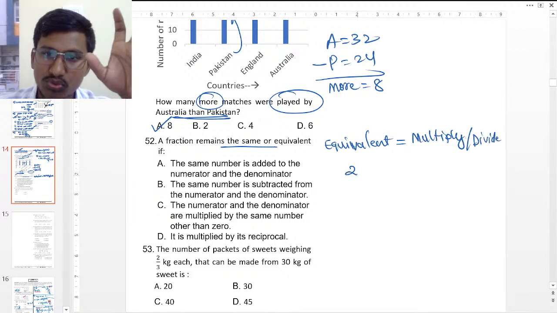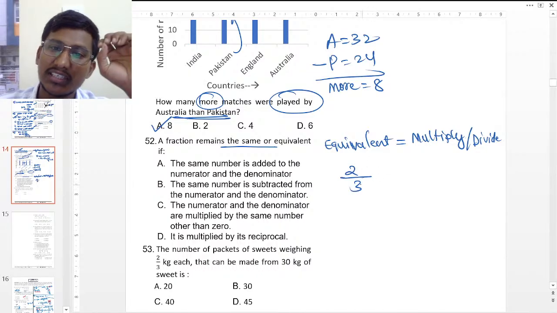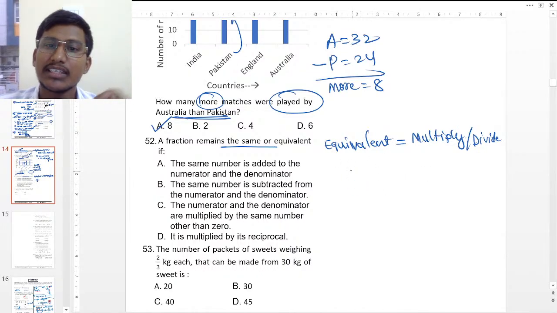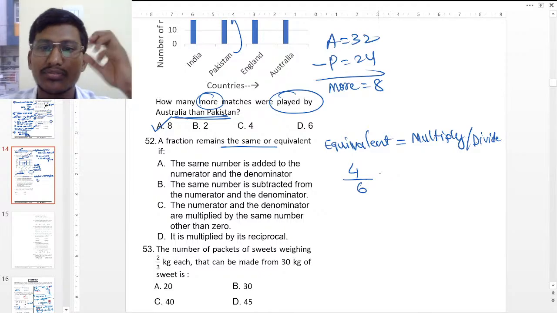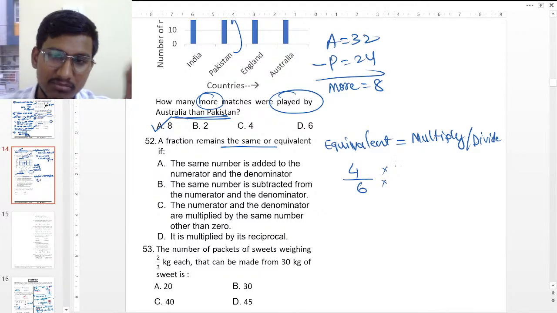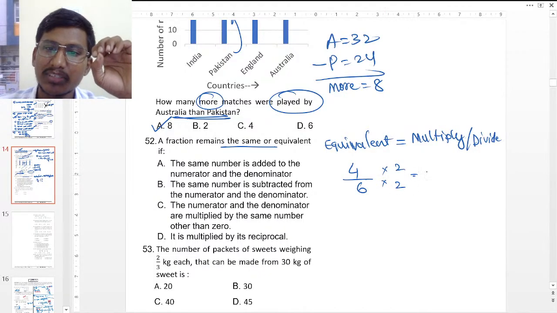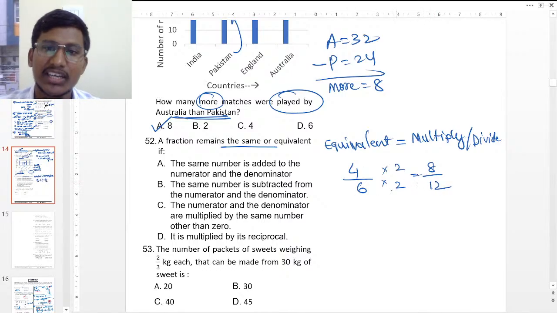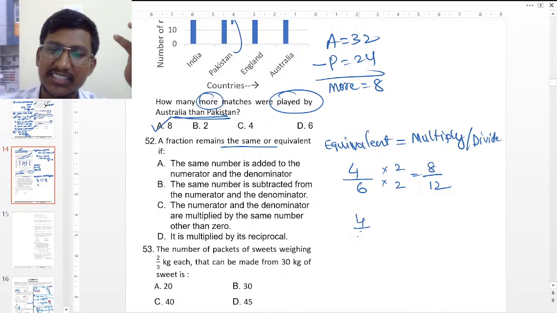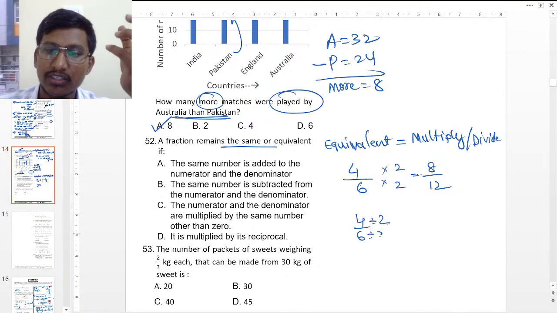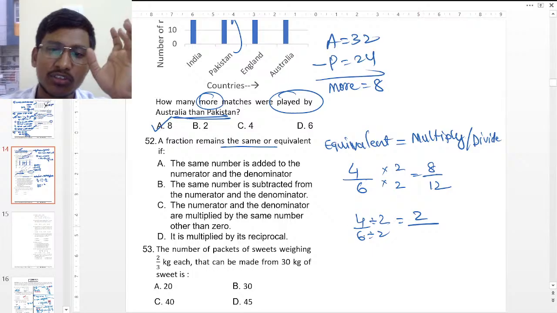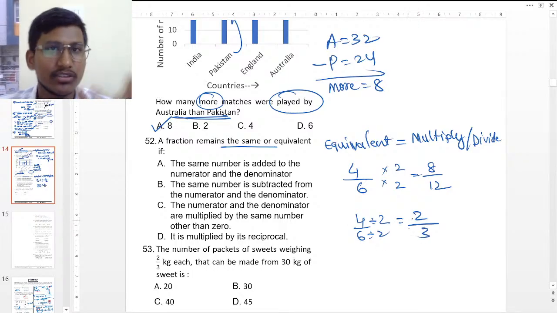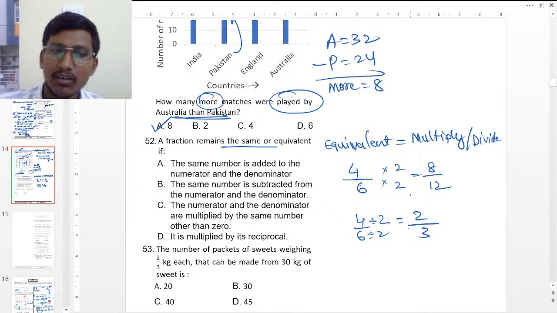Let me take an example: 4 by 6. If you multiply with the same number, 2 and 2, it will be 8 by 12. And we can also divide 4 by 6 by 2, so 2 on top, 3 at the bottom, 2 by 3. So we can either multiply or divide, and we get the equivalent fraction.